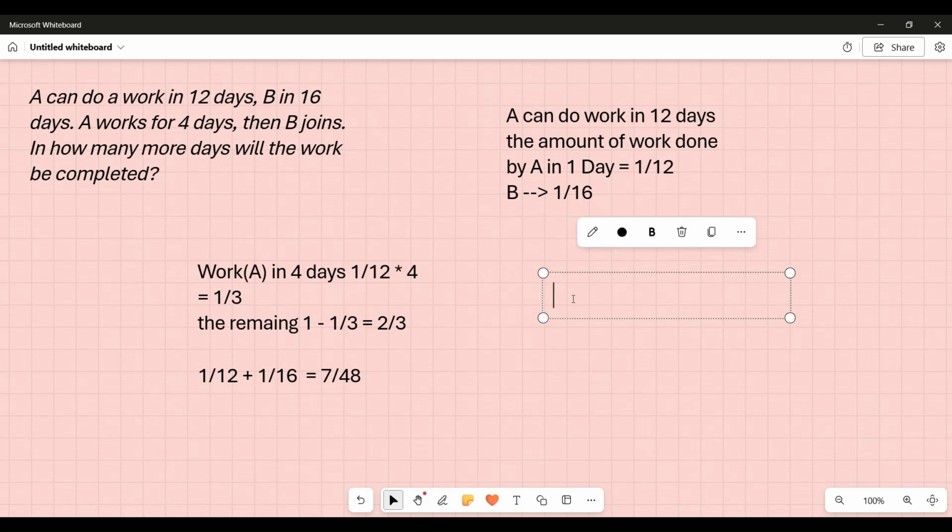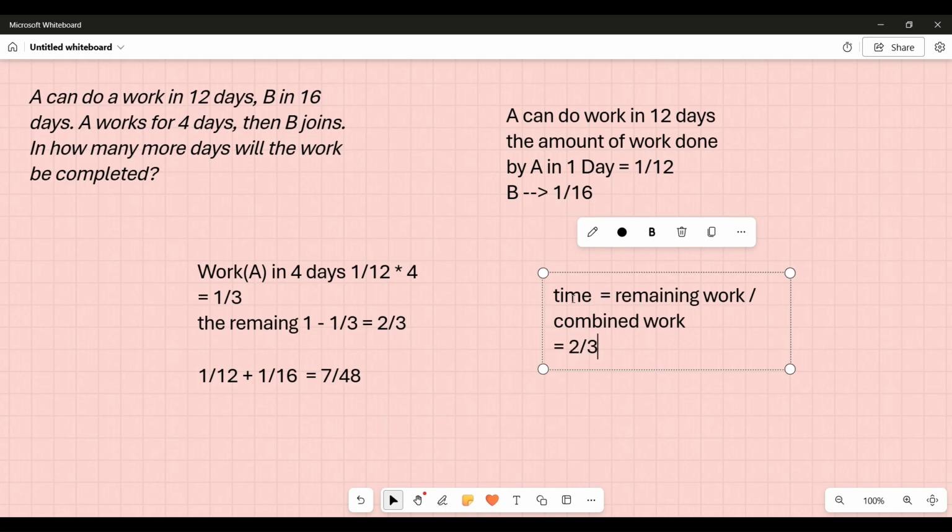We can calculate it by the formula: the time required to complete the work is equal to the remaining work upon the combined work done by both A and B. So it is 2 upon 3, which is the remaining work, divided by 7 upon 48, which is the combined work.